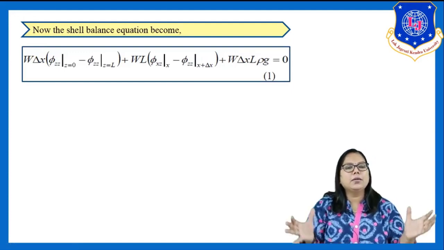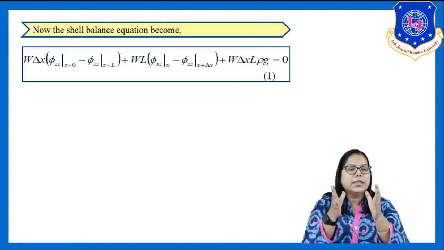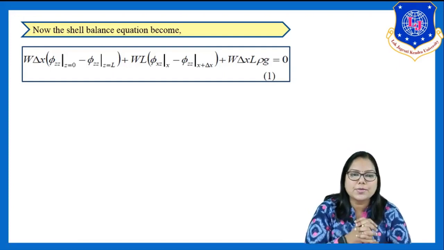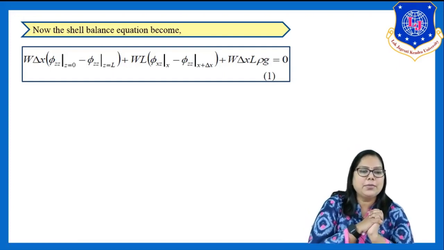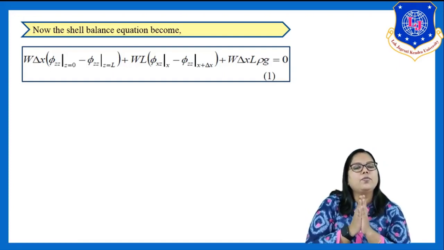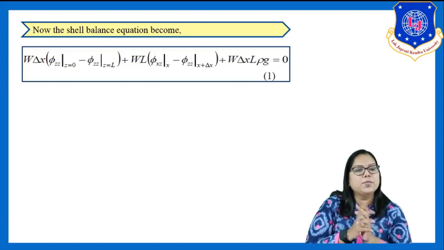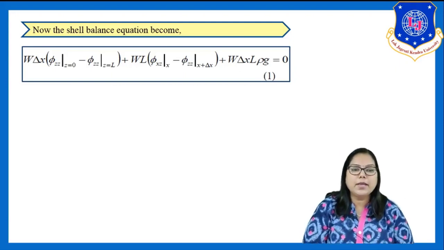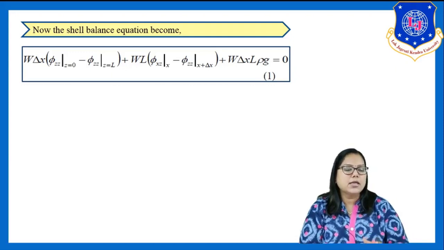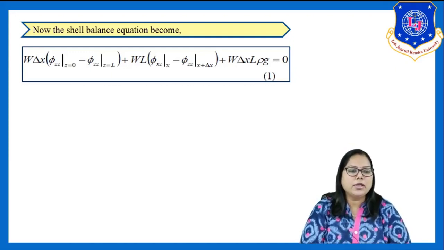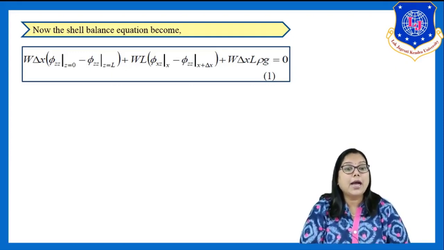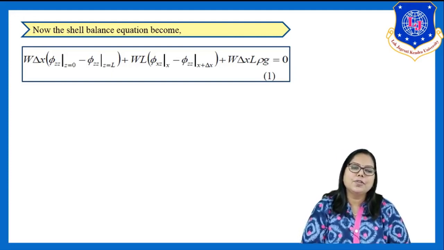Now, we combine all this in the shell momentum balance equation. Remember the shell momentum balance equation? Rate of momentum in by convective transport minus rate of momentum out by convective transport plus rate of momentum in by molecular transport minus rate of momentum out by molecular transport plus force of gravity is equal to 0.